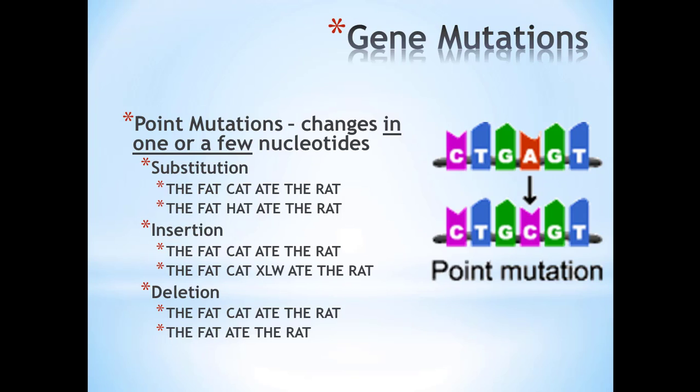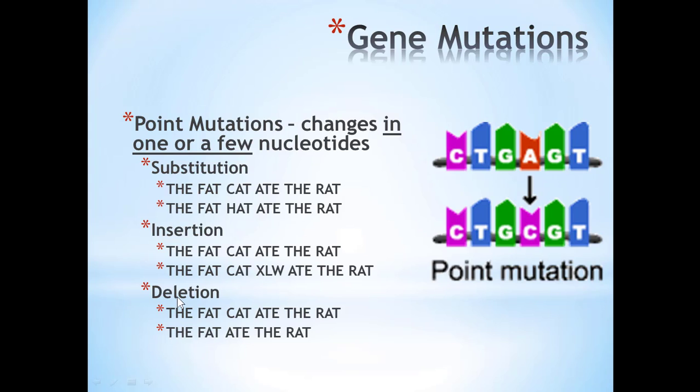For example, the normal sentence is the fat cat ate the rat. The fat cat, something not understandable, ate the rat. So what is the difference between these two sentences?